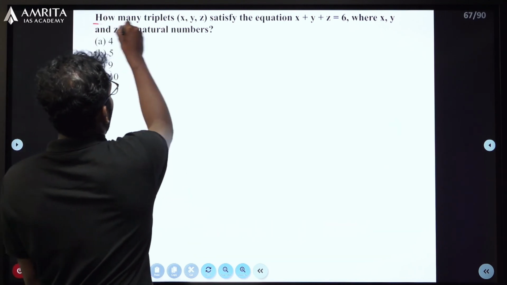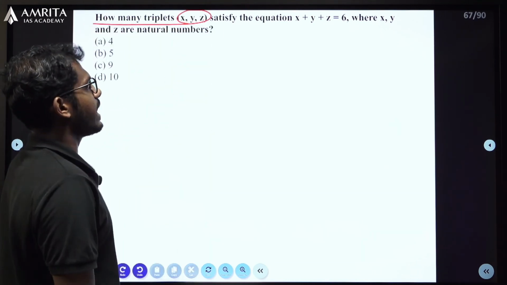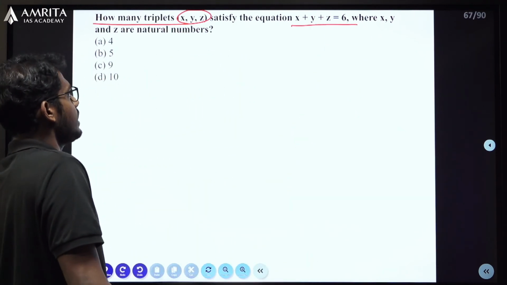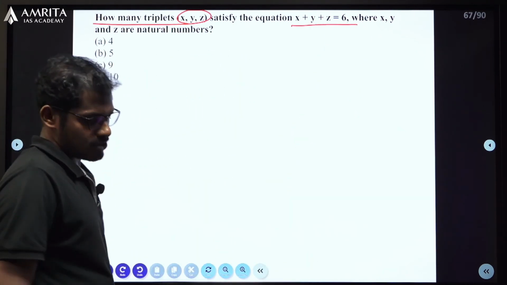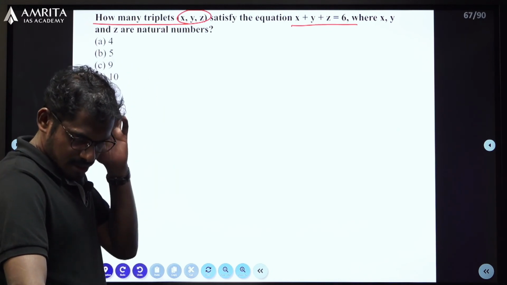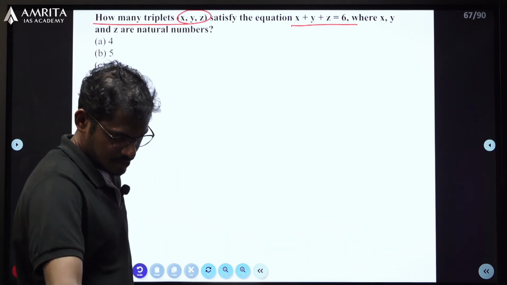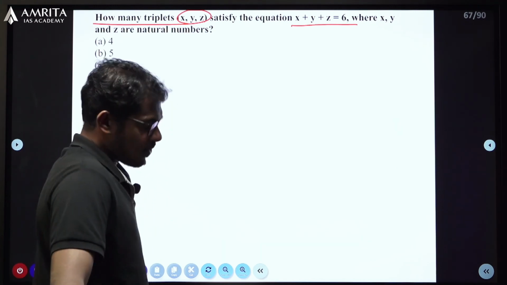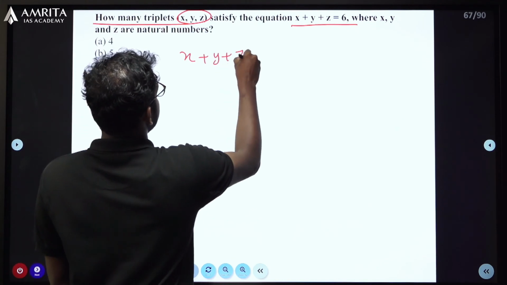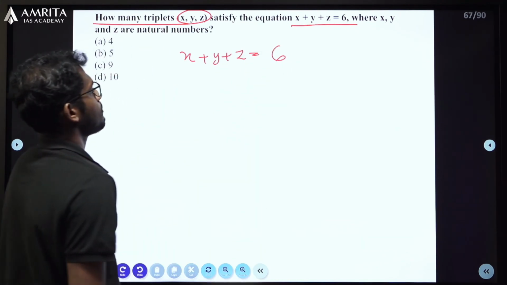Question says, how many triplets x, y, z satisfy the equation x plus y plus z is equal to 6, where x, y, z are natural numbers? Okay. So we have to make x plus y plus z equal to 6.